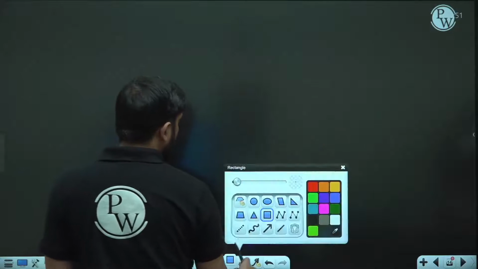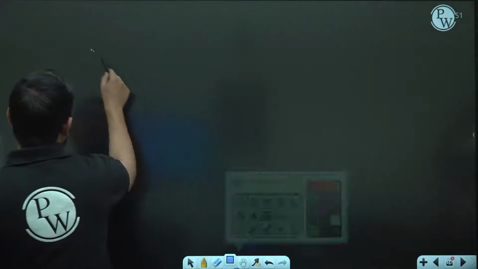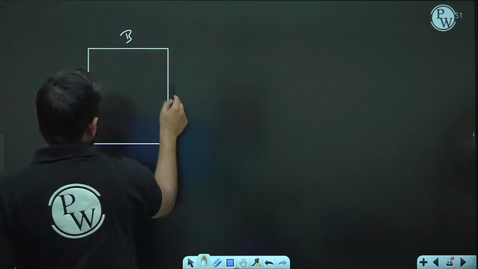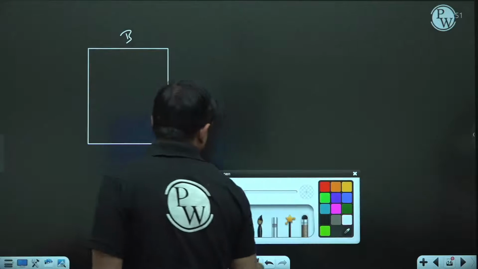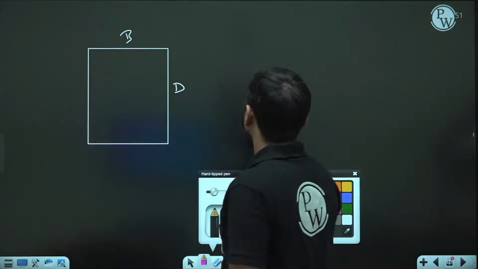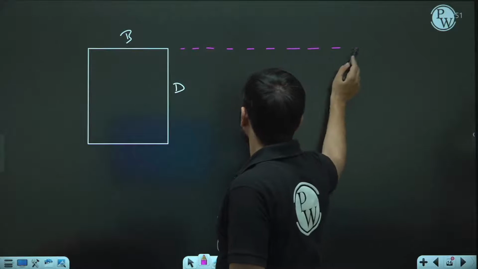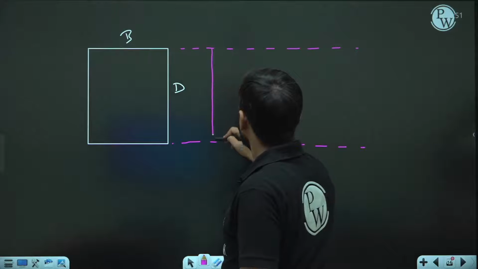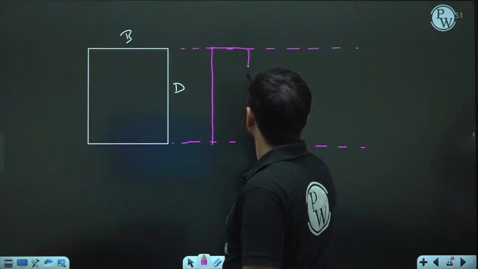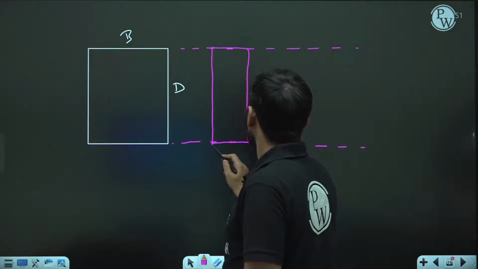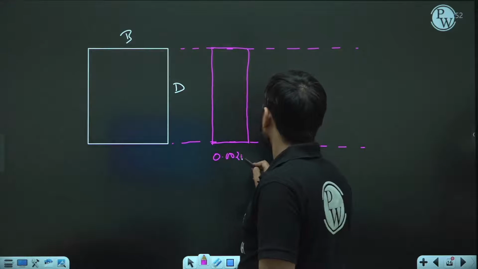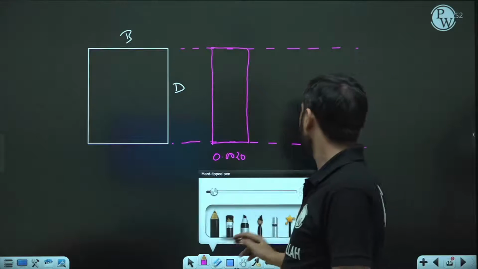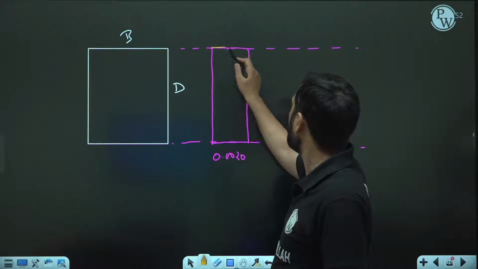This assumption is saying that suppose you have a cross section here, it is B and it is D. If this is strain 0.0020 in perfect compression when the load is at center, and this is the scenario in extreme bending condition.